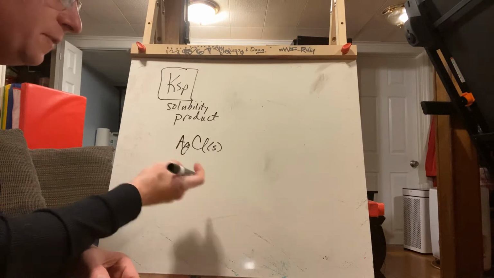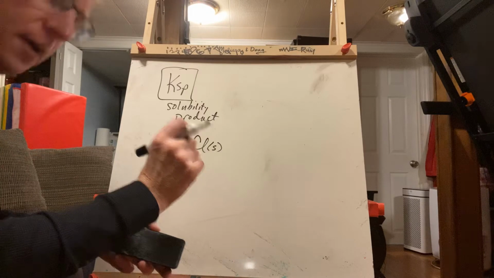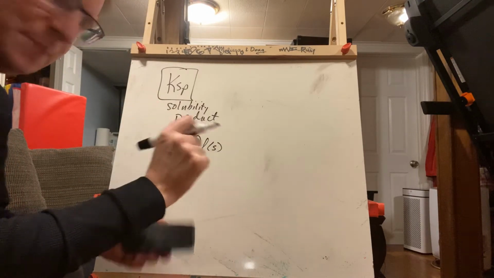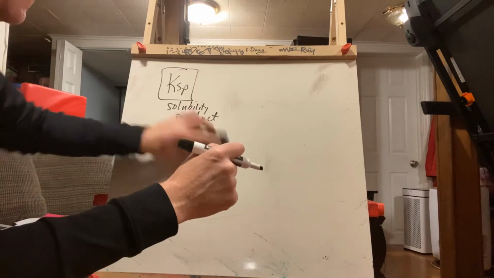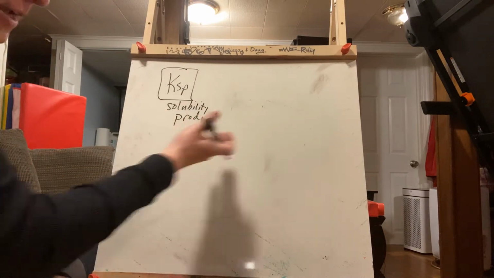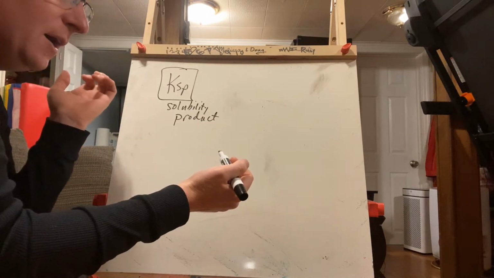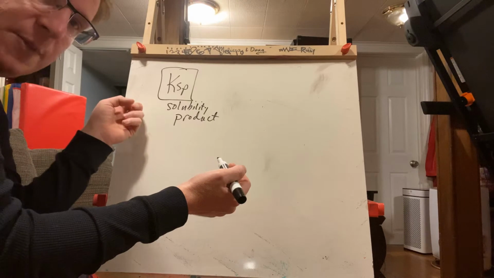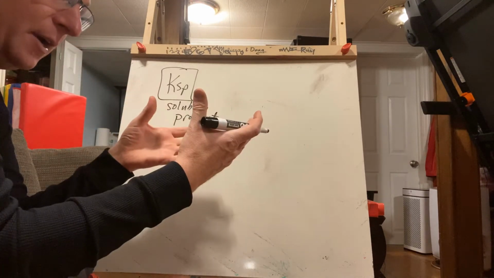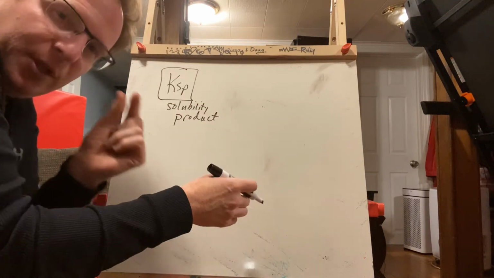The things that we consider to be insoluble are always, and this is kind of weird, a little soluble. So if you ever see something which references a KSP, it usually means this particular compound is really insoluble, but it's soluble a little bit.